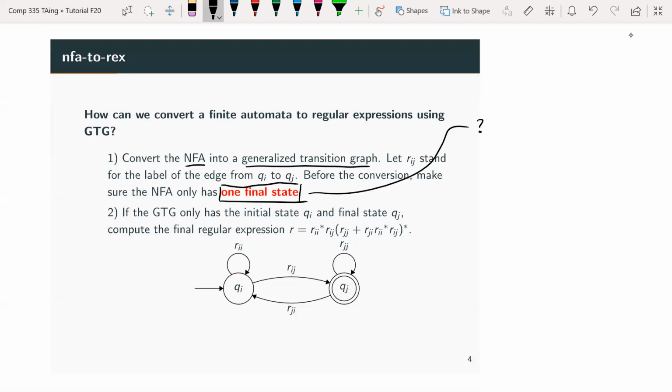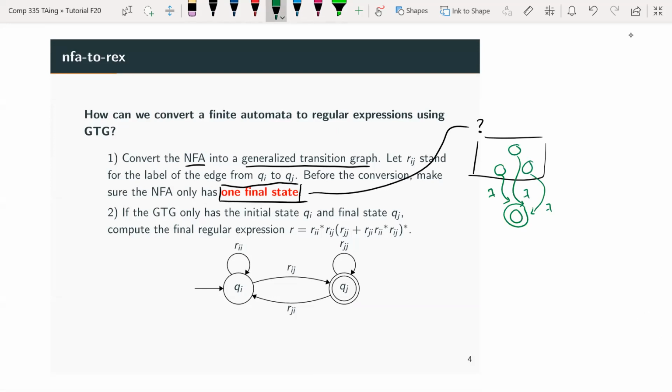How do you make sure that you have a single final state? Suppose you have this machine here and it has a couple of final states. How am I going to make it have a single final state? Well, I can just use these convenient lambda transitions. I use a lambda transition here, here, and here, and all of these go to a single final state, and now I can make all of these non-final states.